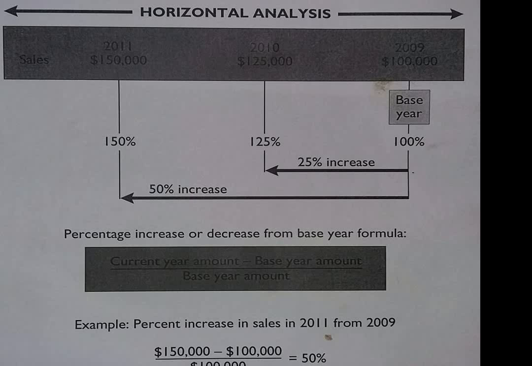In this example, the percent increase in sales in year 2011 from year 2009 is 150,000, the current year amount, minus 100,000, the base year amount, over the base year amount. It will give me 50%. And this is the horizontal analysis. It is very easy and very important, as I said. This is the first one.